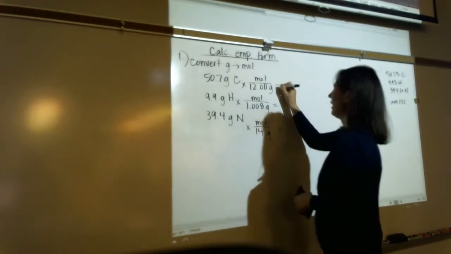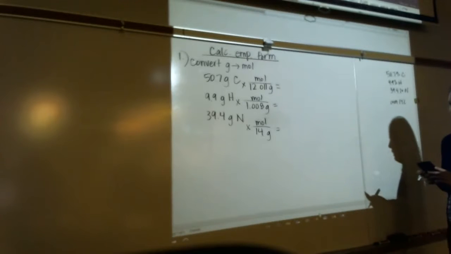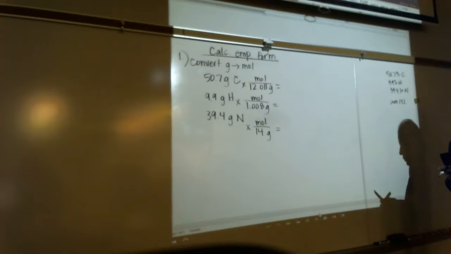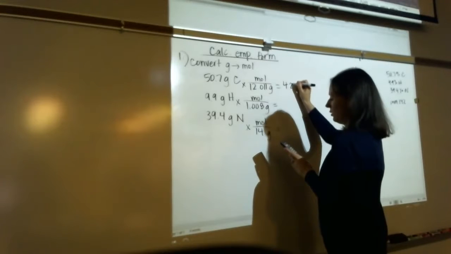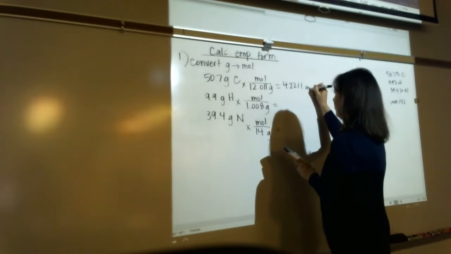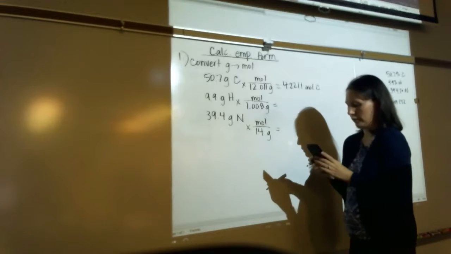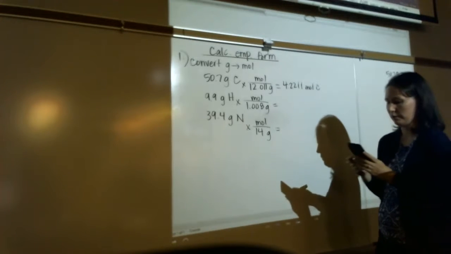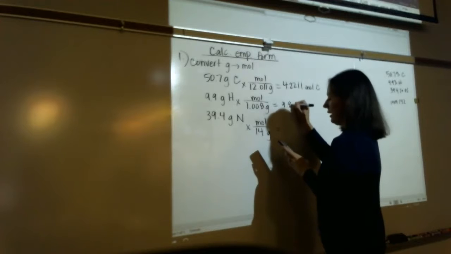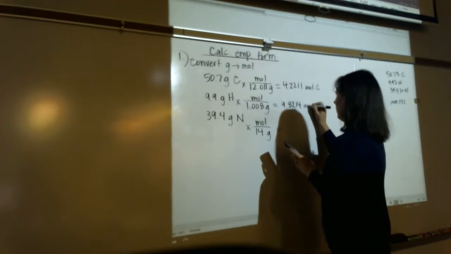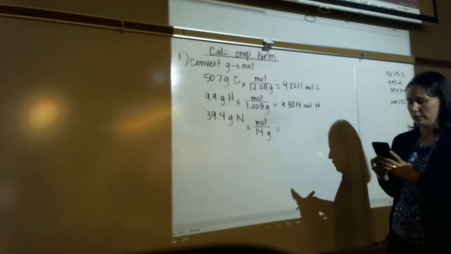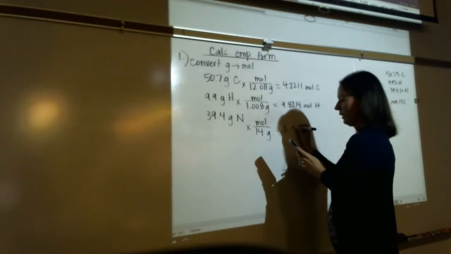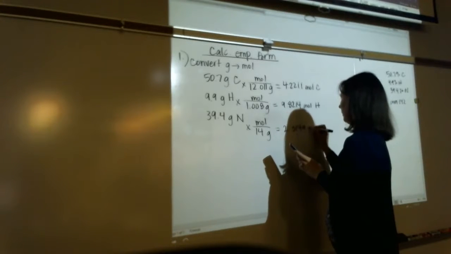We're going to carry out lots of extra decimal places because we don't need to worry about sig figs at this point. 50.7 divided by 12.011, I get 4.2211. 9.9 divided by 1.008 gives me 9.8214. And 39.4 divided by 14 gives me 2.8149.